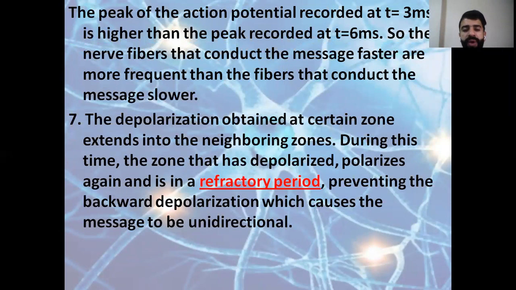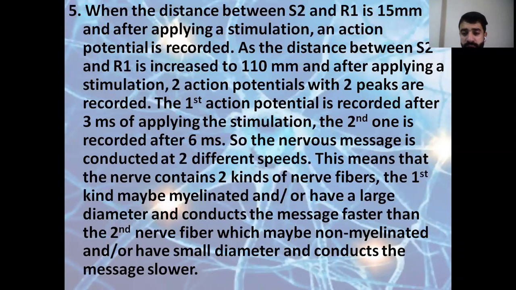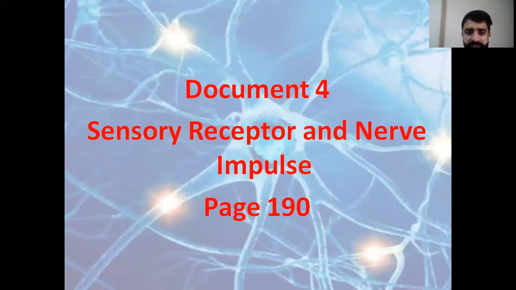And we said that we have different distances, and as the distance increases between the two stimulations, or the site of stimulation, the nervous message will be slower. Maybe it's due to the presence of myelinated and non-myelinated fibers. Maybe we have a large diameter, maybe a small diameter. That's why we have differences in the speed of the propagation of the nervous message.